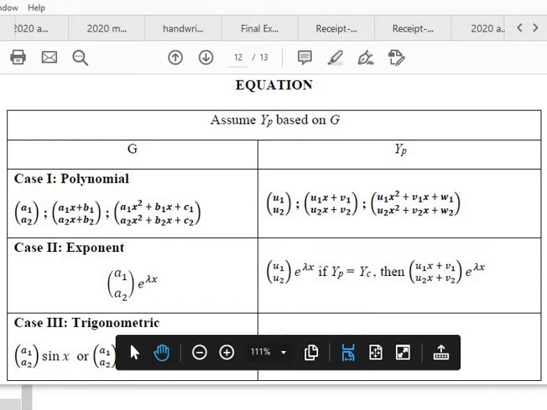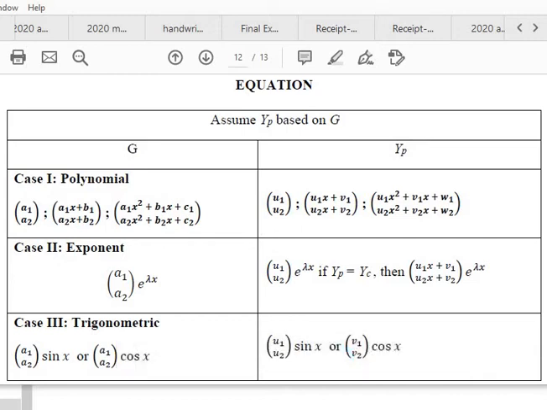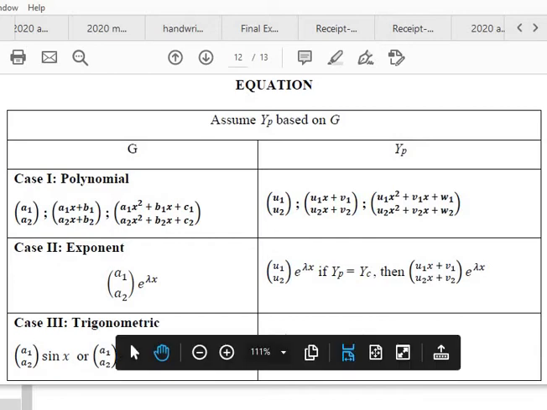In this case, G is 2x squared plus 10x, so this is the polynomial x squared. This refers to case number 1, and your assumed YP should be the third one: U1 x squared plus V1 x plus W1.